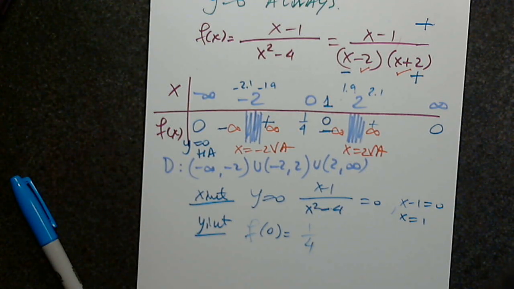From 0, dropping down to negative infinity. In the middle, from positive infinity, crossing the y-axis, crossing the x-axis, and going to negative infinity.